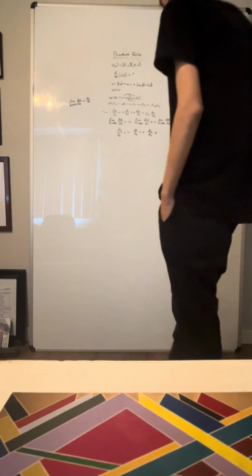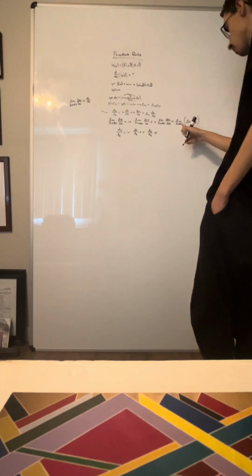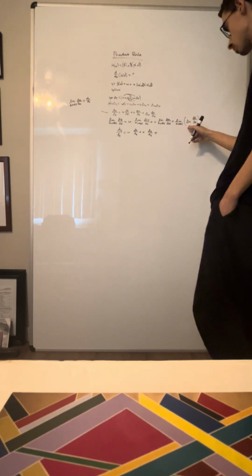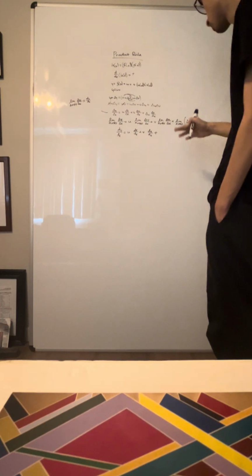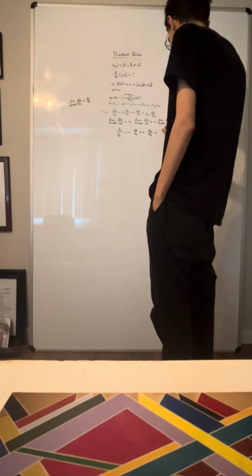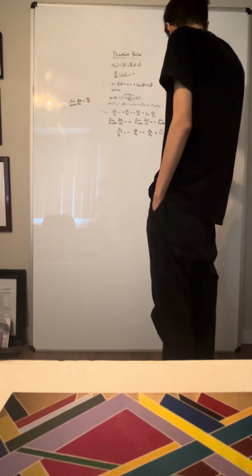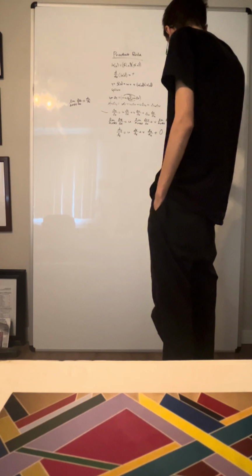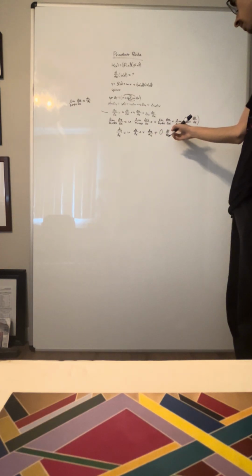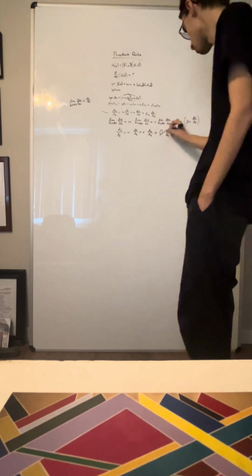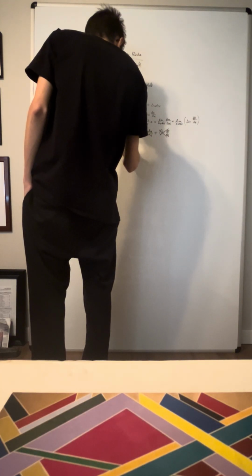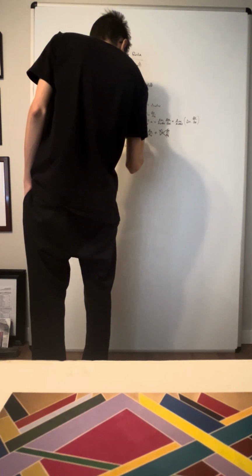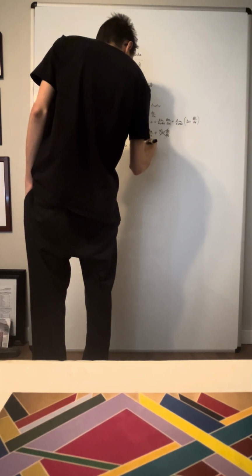And then notice how here, if delta x approaches 0, then delta u also approaches 0, because the changes are all going to be infinitesimal. So this is really like saying plus du times dv over dx, but 0 times that piece, that's just going to go to 0. So really what we're left with is dy/dx equals u times dv/dx plus v times du/dx.